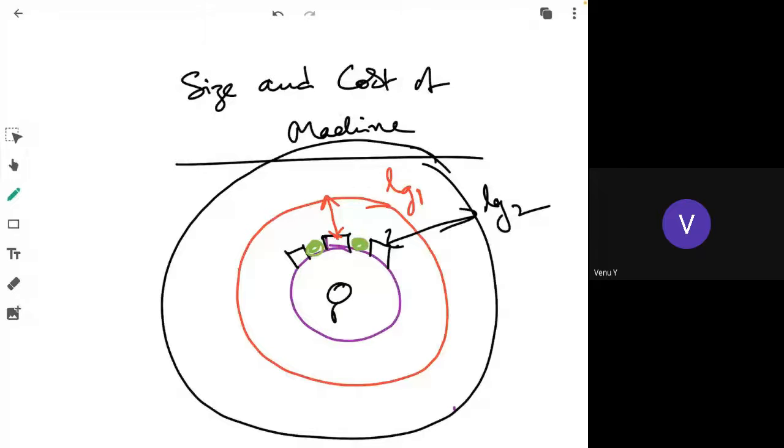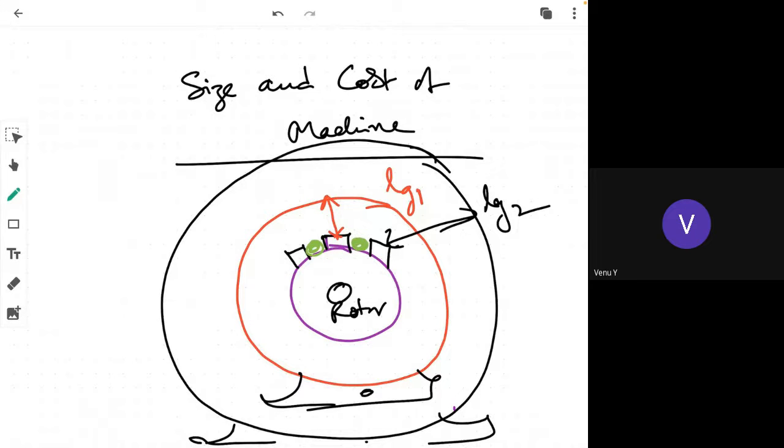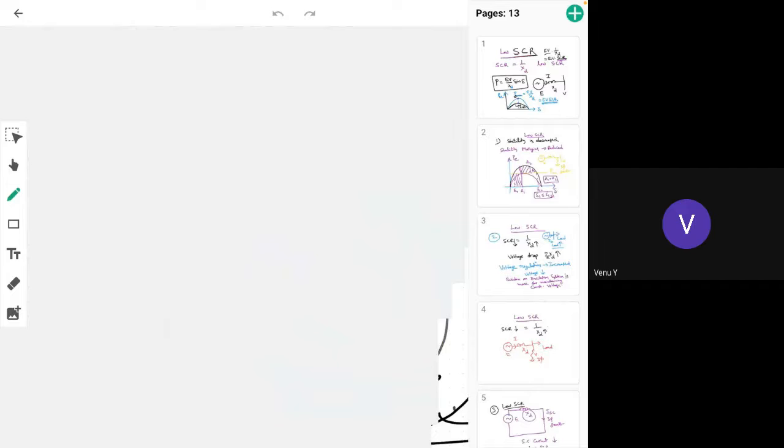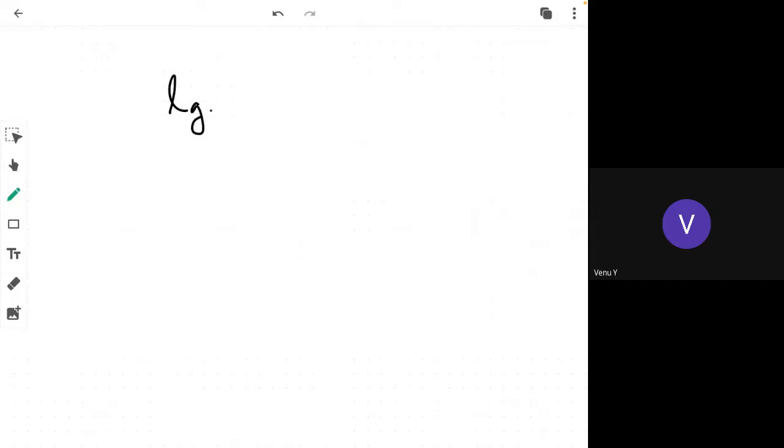This is the rotor, stator, rotor and stator. I'm drawing roughly. To understand this concept, this is good enough. So now LG2 is 2 times LG1, 2 times gap 1.